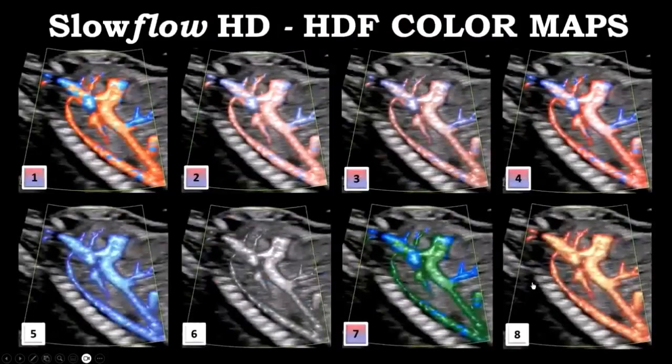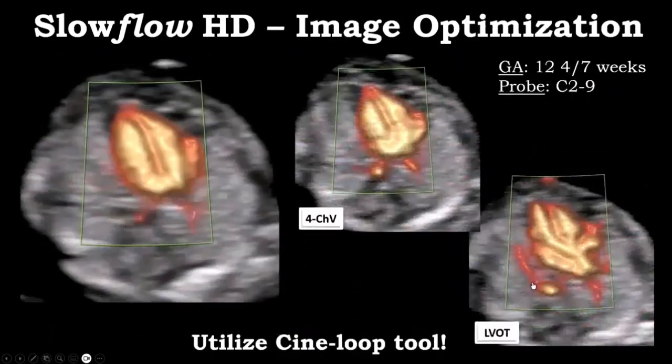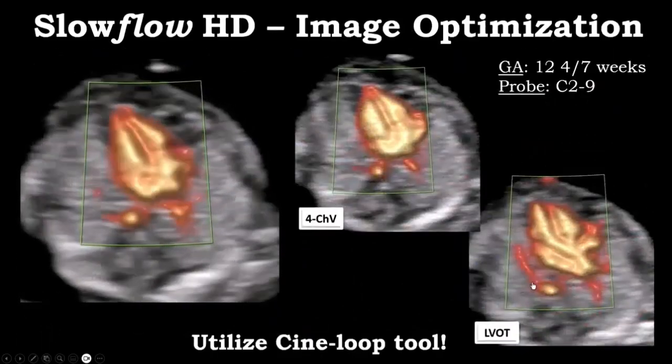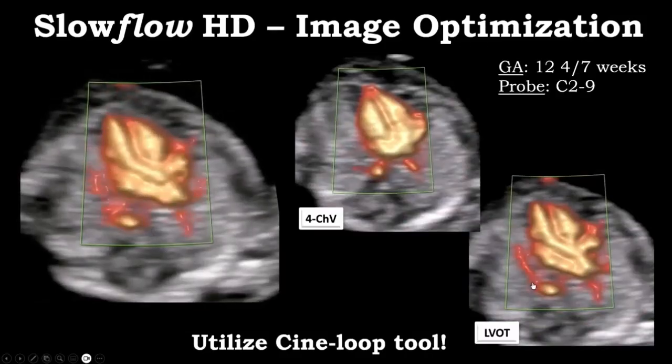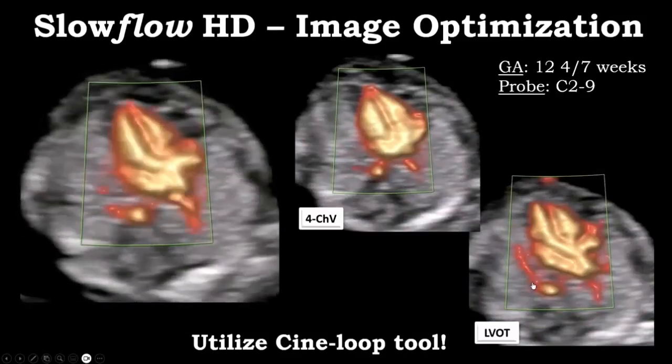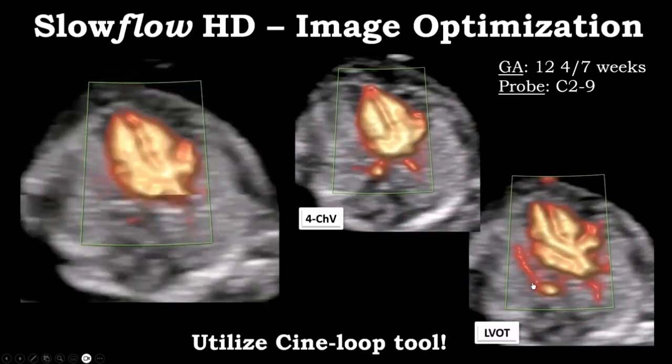So slow flow, just a reminder, is available in different color maps, so you can pick the one that you like the most. I usually utilize 4 and 8. These are my 2 favorites, but if you live on the West Coast, you probably will want to go with the 7. What's important to remember, sometimes when you start using the slow flow, you may feel that it's very bleedy and everything is blending in.